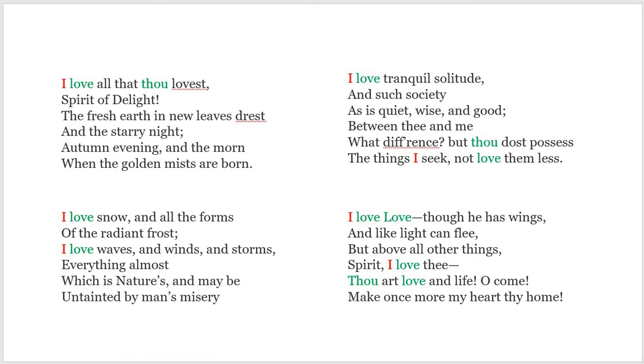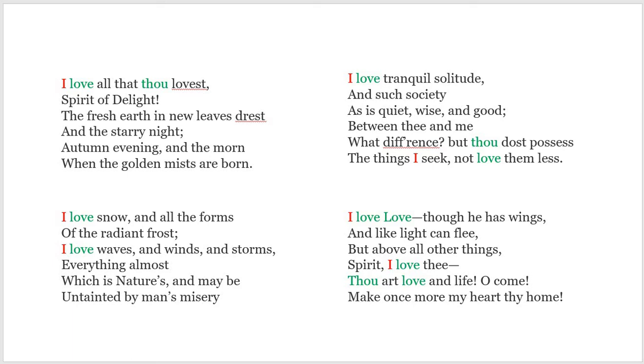Here, the poet states that he loves all those which are very dear to the spirit of delight. He loves the fresh earth in spring, the starry night, an autumn evening, and a misty morning. He loves snow and all forms of radiant frost, and waves, and winds, and storms.